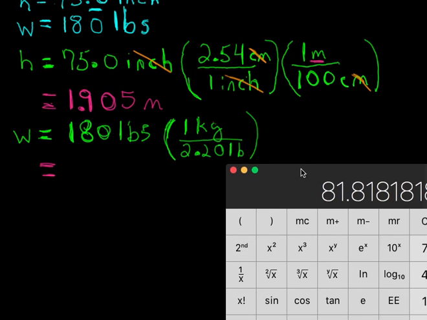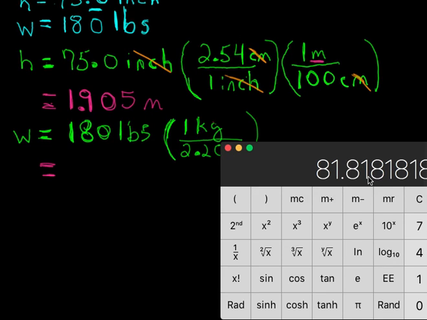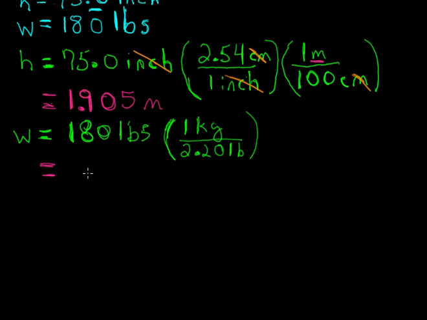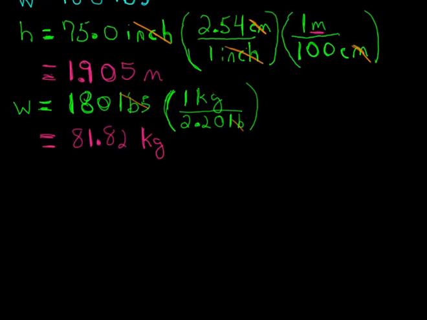We're going to keep 4 significant figures to avoid rounding errors, so 81.82. And our unit, because the pounds canceled, is kilograms. So 81.82 kilograms. Now I have everything in SI units, which is what our equation was asking for.